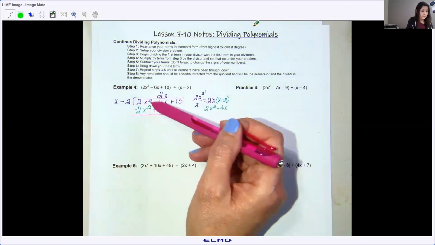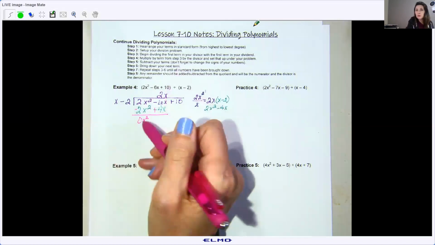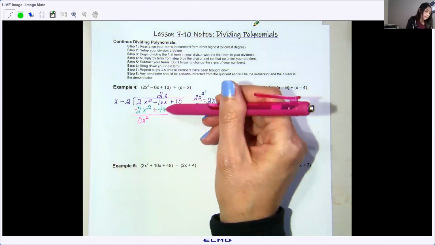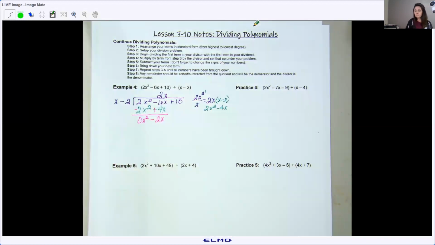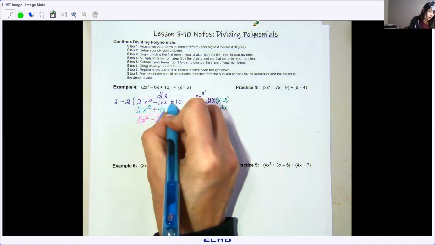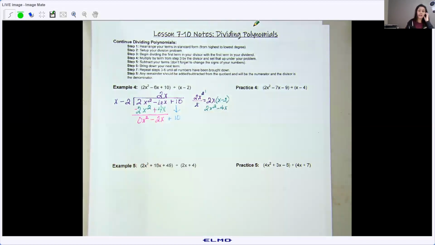So in combining my terms, these two cancel out, 0x squared, and you don't have to write that. And then negative 6x plus 4x gives me a negative 2x. And we have just subtracted. And now we're going to do step 4, and we're going to bring down our next term, which is a positive 10. Bring down that positive with it. And the next step is to start all over again.